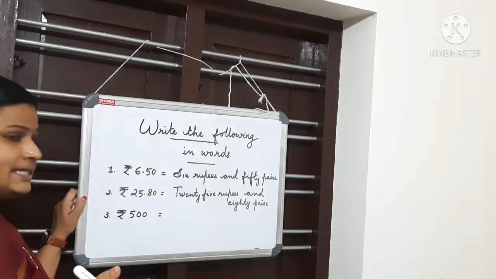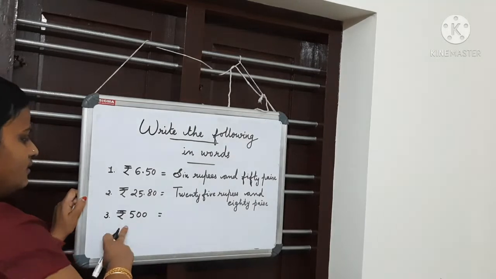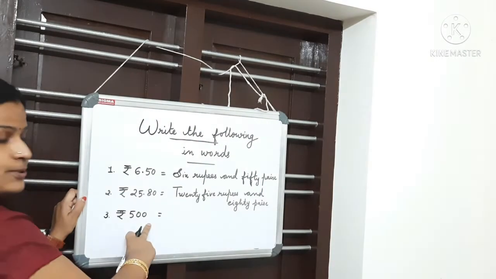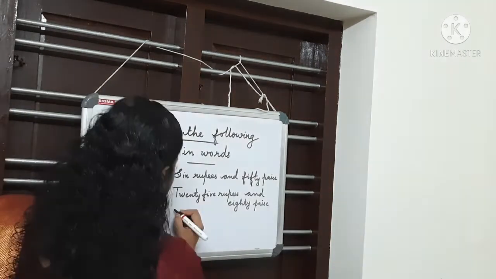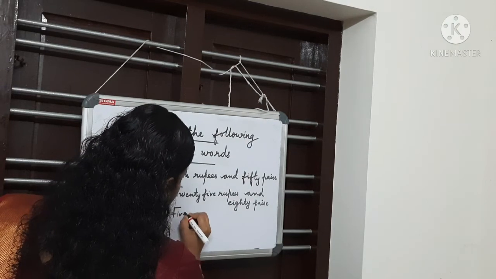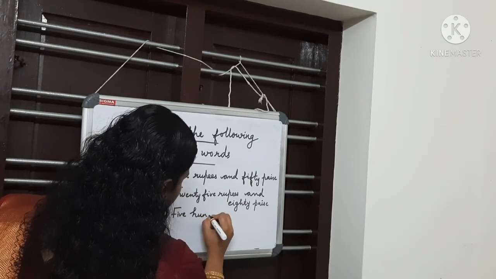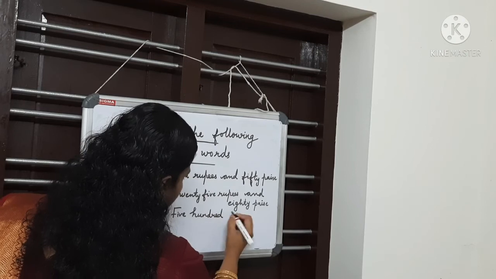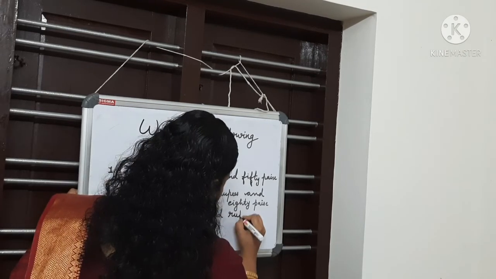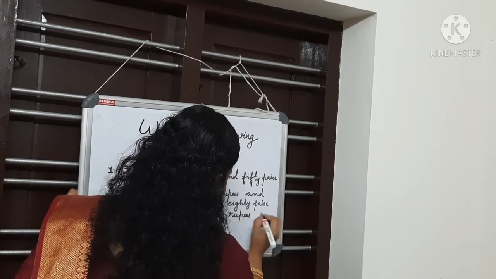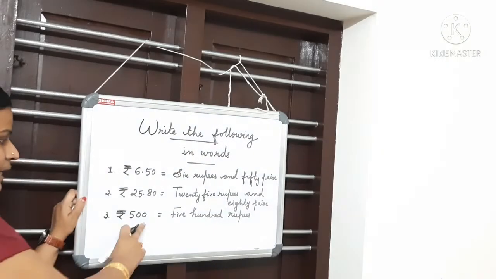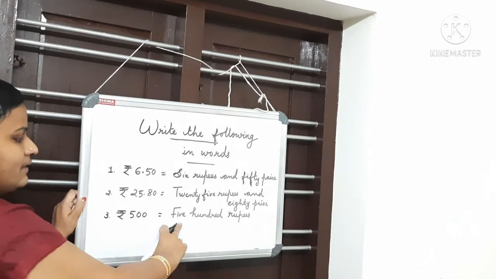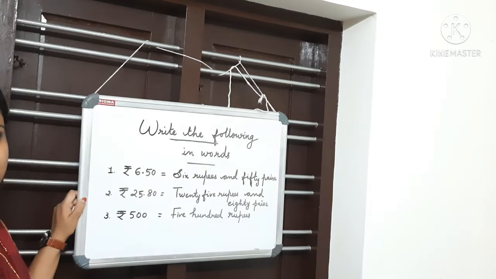Okay. Now let us move on to the last question. Rupees 500. So what is the answer? 500 rupees. Okay, we don't have a decimal point, right? So you can simply write 500 rupees.